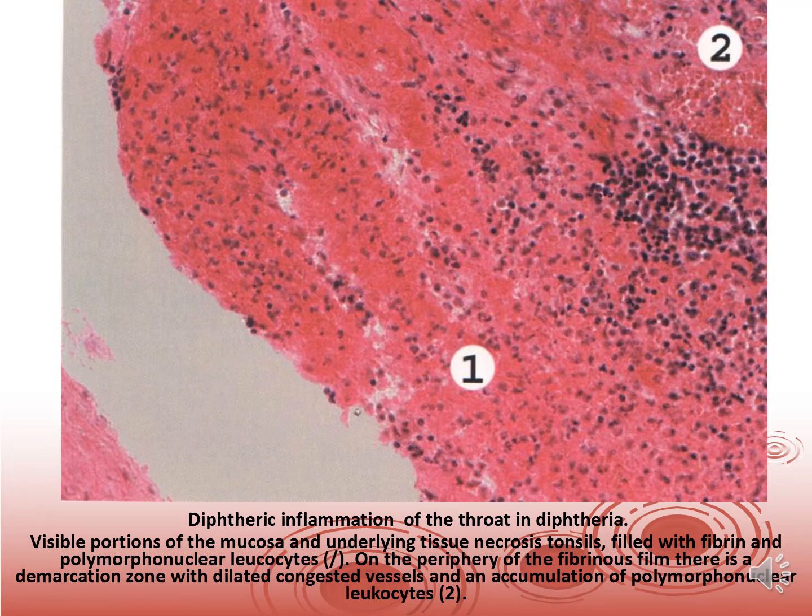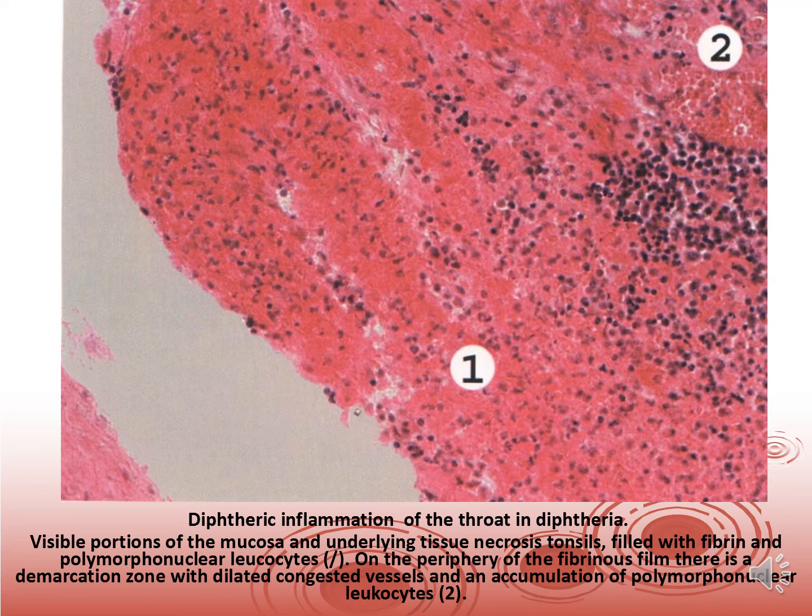The other picture is diphtheric inflammation. You know now that it is the second subtype of fibrinous inflammation. Here you see the exudate rich with fibrin, visible portion of the mucosa and underlying tissue necrosis of tonsils filled with fibrin and polymorphonuclear leukocytes.